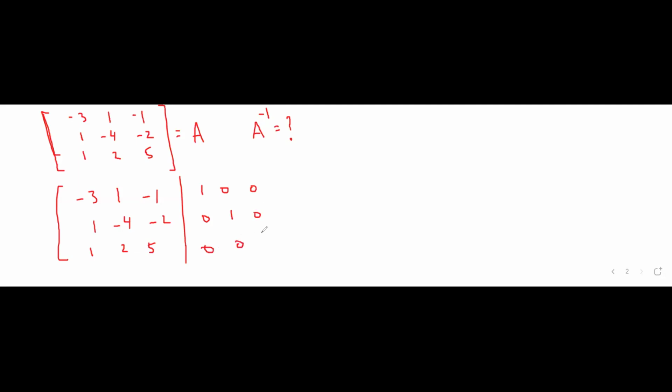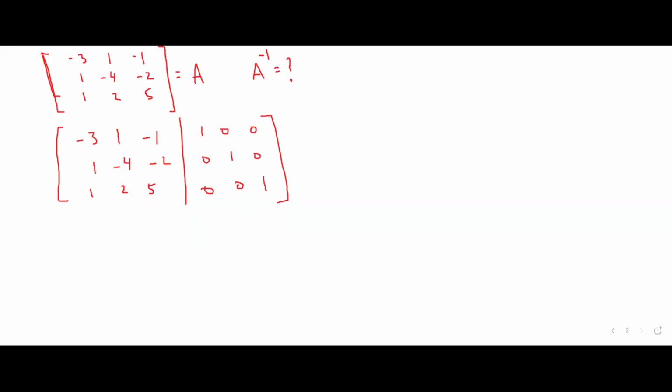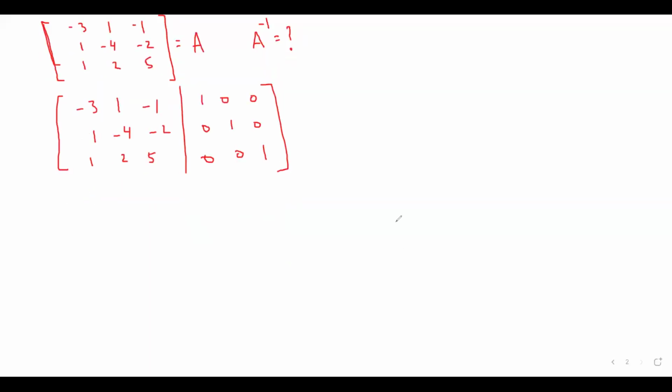So the main diagonal is only designed from numbers 1, but everything else is 0. And then I'm going to have to do special row operations in order to produce that identity matrix, but here on the left.